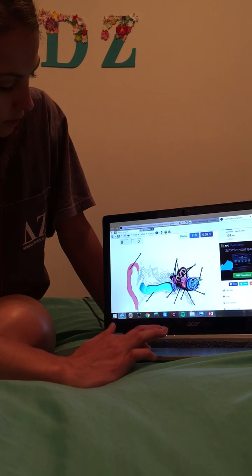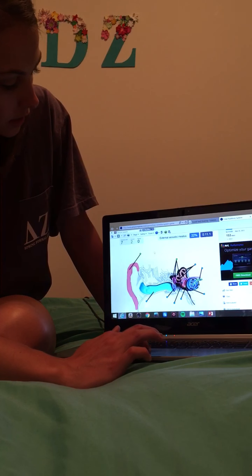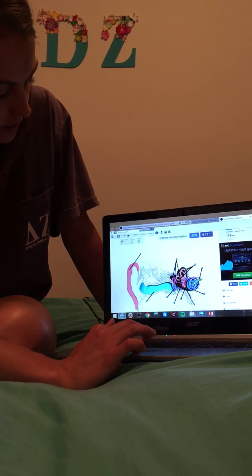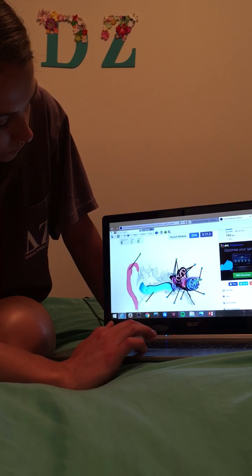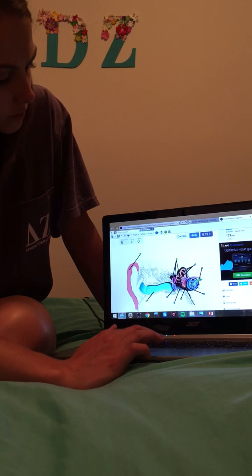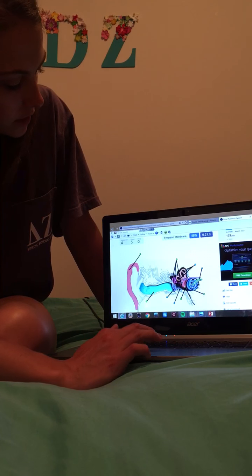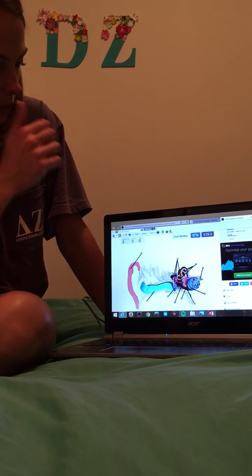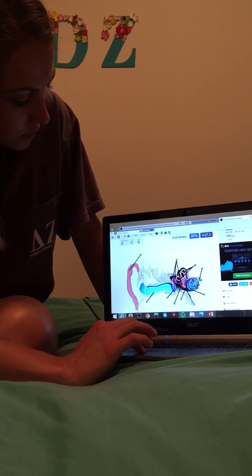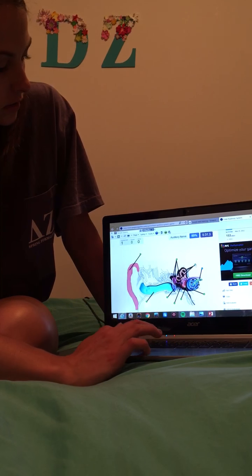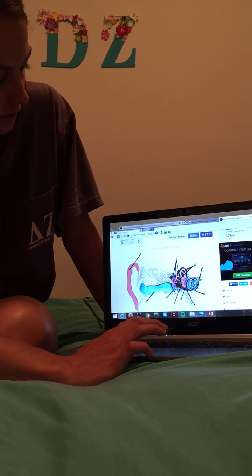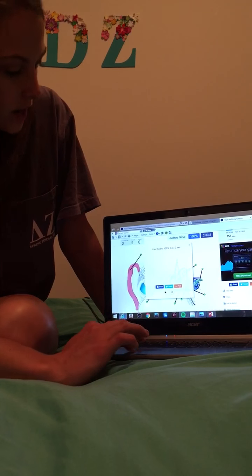The pinna is the outer ear, external auditory meatus, outer ear, round window, the cochlea, inner ear, tympanic membrane, outer or middle, the oval window, the semicircular canals, the auditory nerve, and that's it. We got 100.